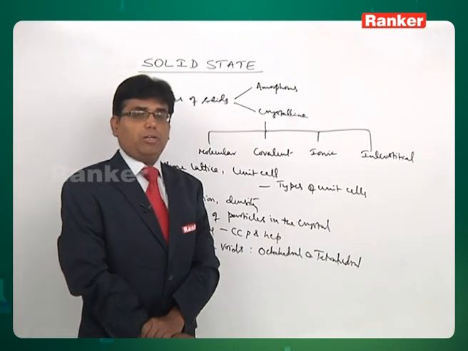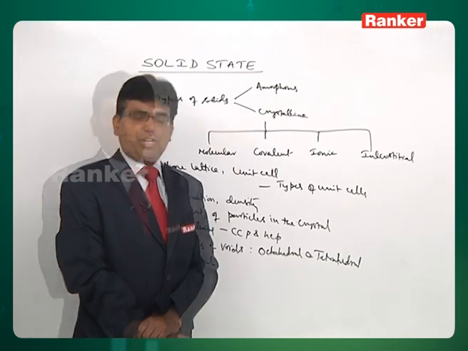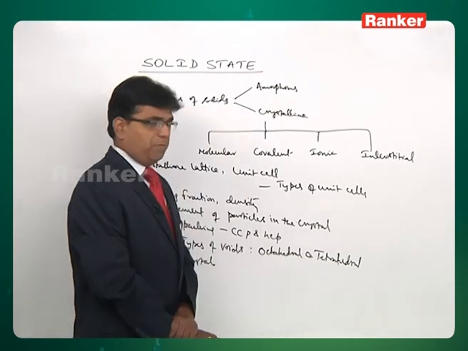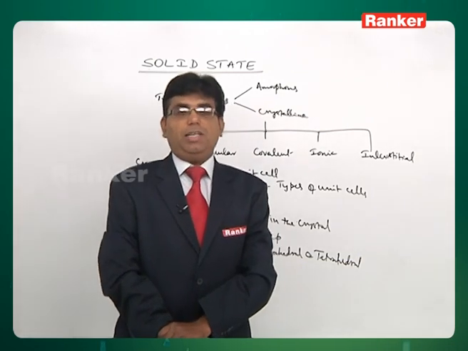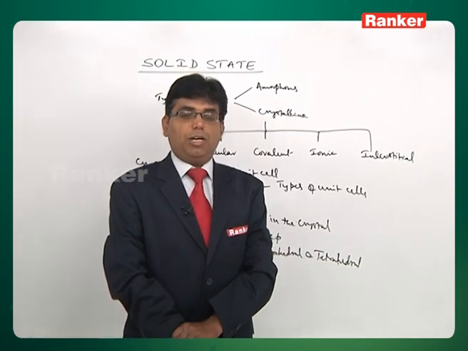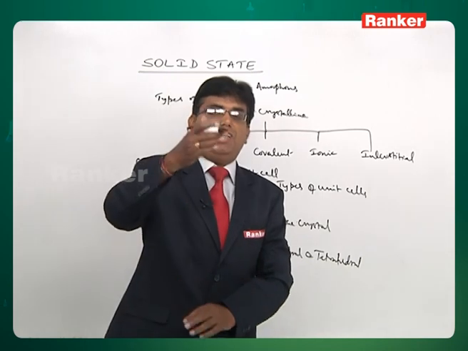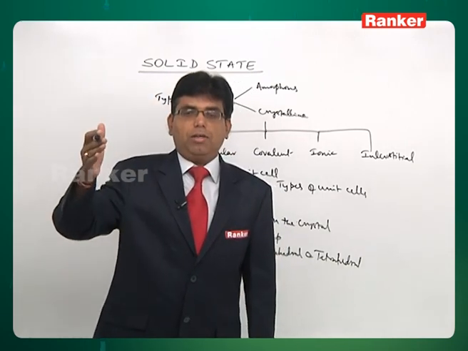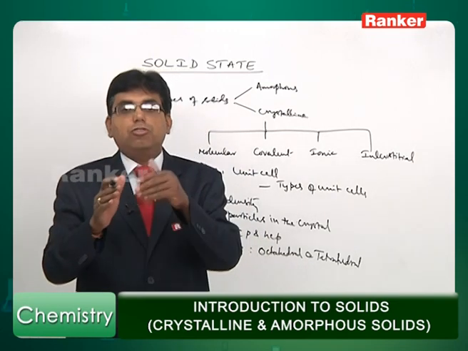The atoms or molecules are arranged in a regular geometry or shape, whereas in amorphous solids there is no such regular arrangement, or even if a regular arrangement exists, that is limited only to a certain fraction of the arrangement. That means for every different section of the total arrangement, the geometry or shape is going to change.